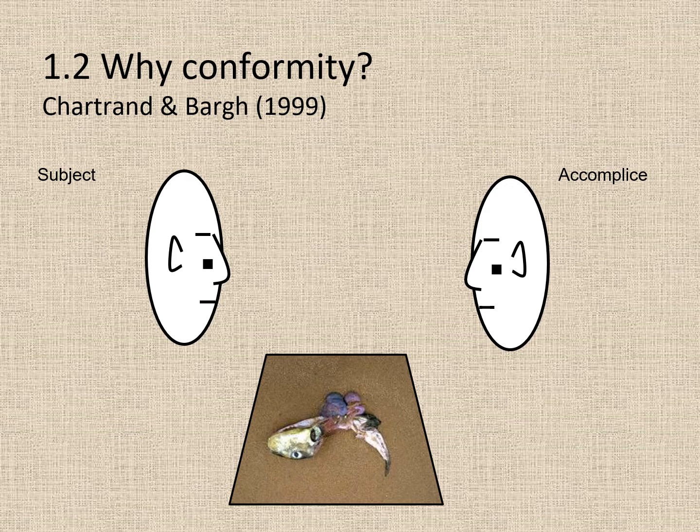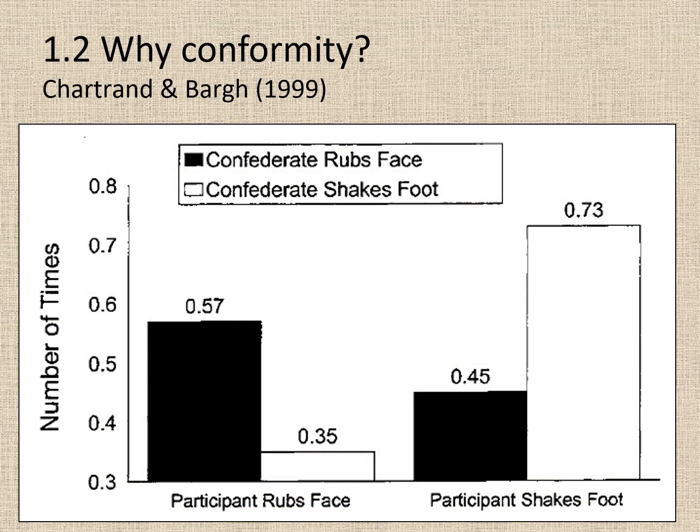The real subject, the participant, rubs their face to a higher degree when they sit with an accomplice who rubs their face, compared with if they sit opposite an accomplice who shakes their foot. And they shake their foot to a higher degree if the accomplice is shaking his or her foot, compared with if the accomplice is rubbing their face.